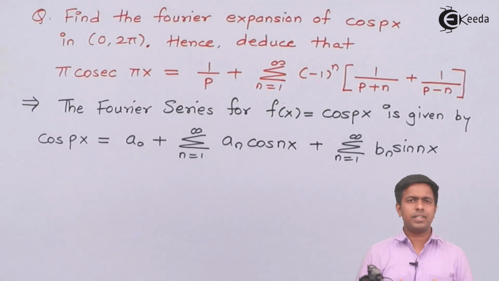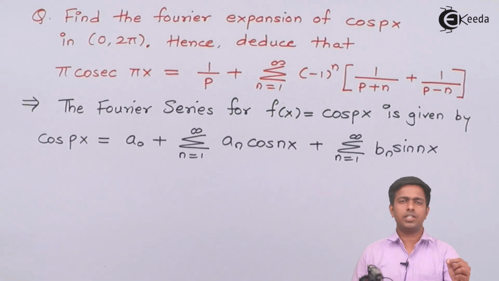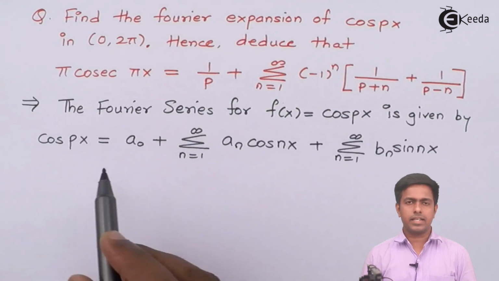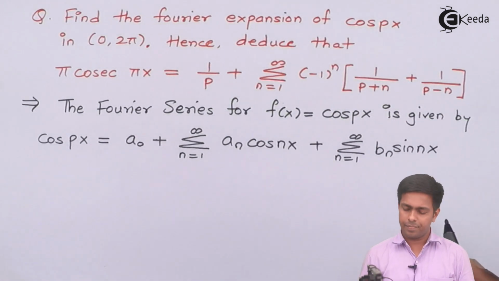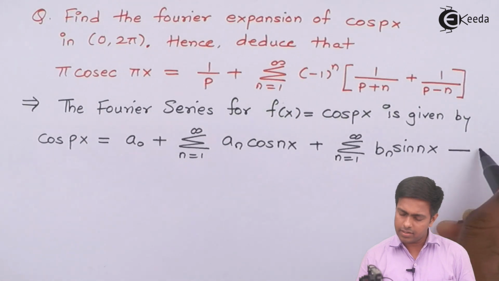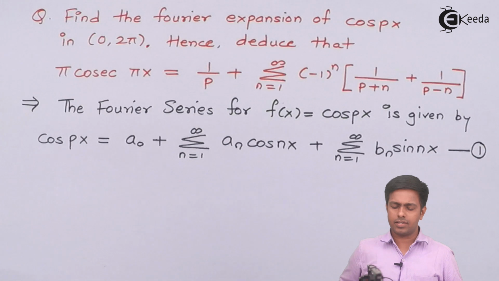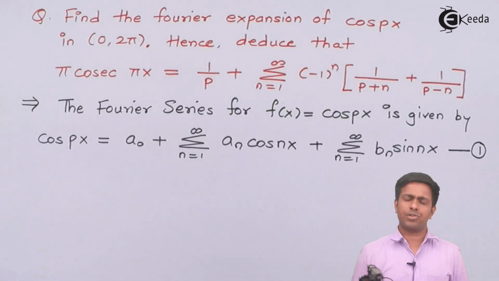If you don't remember this, then you just have to go to the previous video on Fourier series, in which I've explained the series which I've written here. For the time being I'm making this equation number 1.